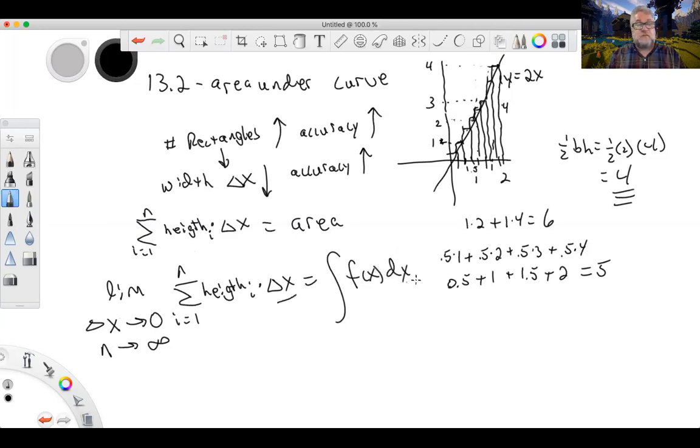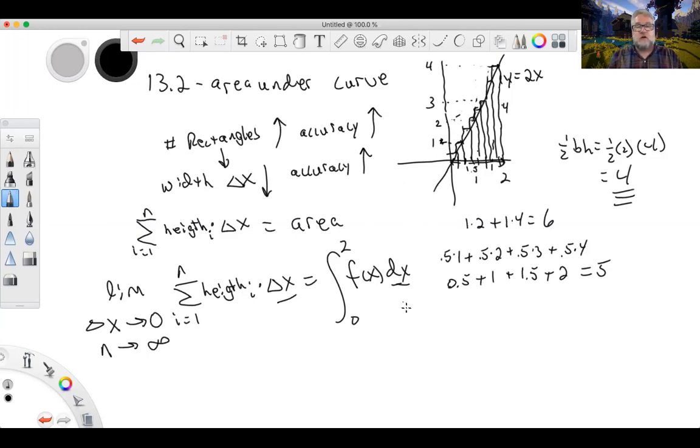And delta x becomes dx. And we integrate across whatever range we're doing it here, whatever the limits are for delta x. So in our case here, this would go from 0 to 2.